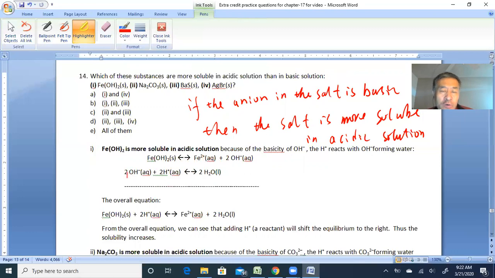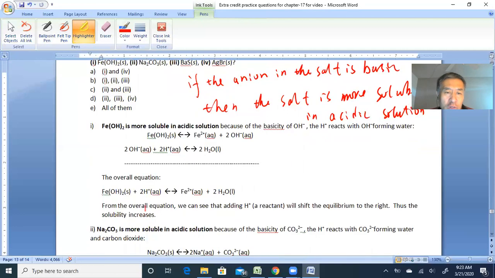And then you write the basic anion reacting with acid. Our basic anion is hydroxide. Because we have 2 hydroxide here, we'll take 2 hydroxide plus 2 H+ to produce 2 water. Once you have these two equations, you add them together. Adding equation 1 with equation 2, you cancel out the hydroxide with hydroxide, and you get this overall equation.